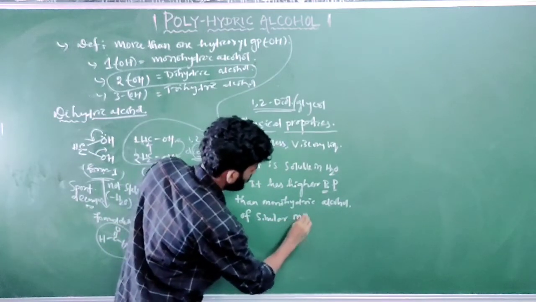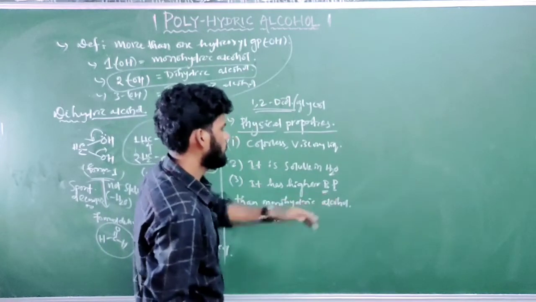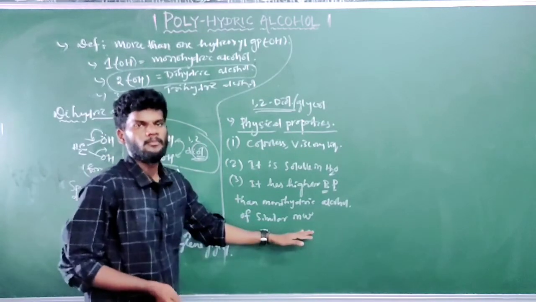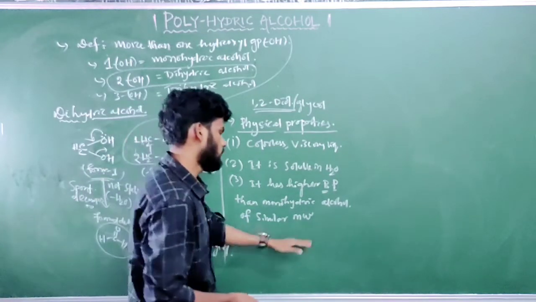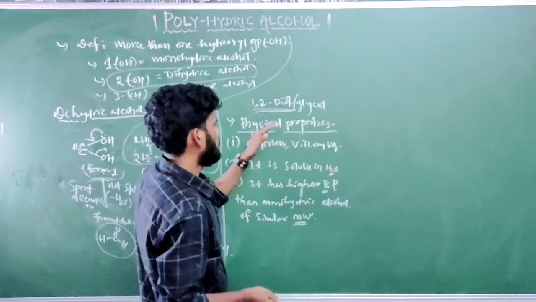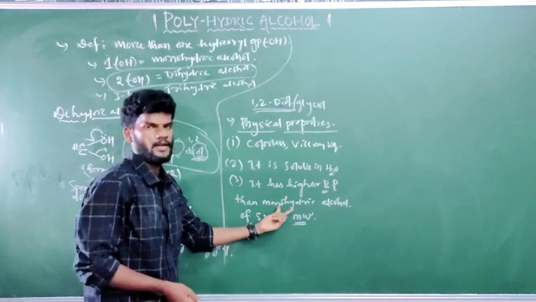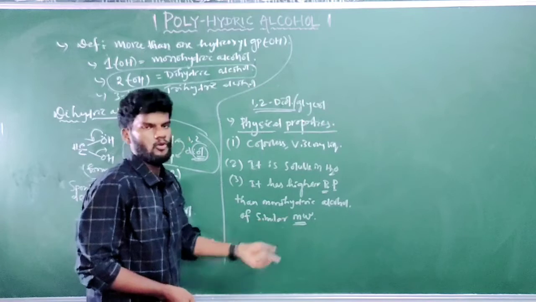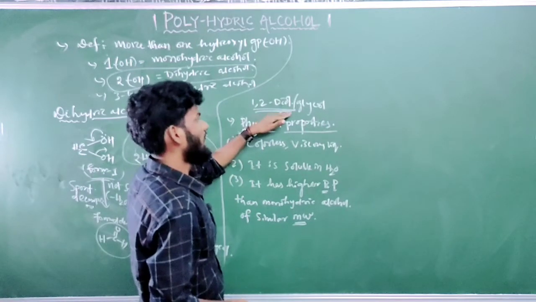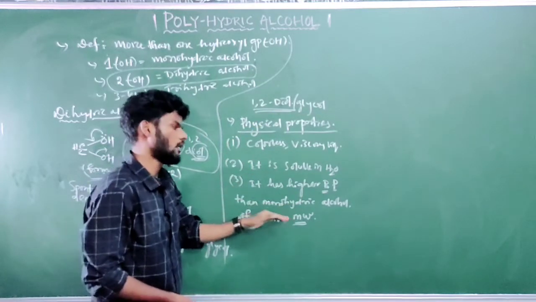Boiling point is considered by two factors mainly: one is molecular weight, another is hydrogen bonding. If we compare the dihydric alcohol 1,2-diol to a monohydric alcohol and both have similar molecular weight, then the 1,2-diol has a higher boiling point.